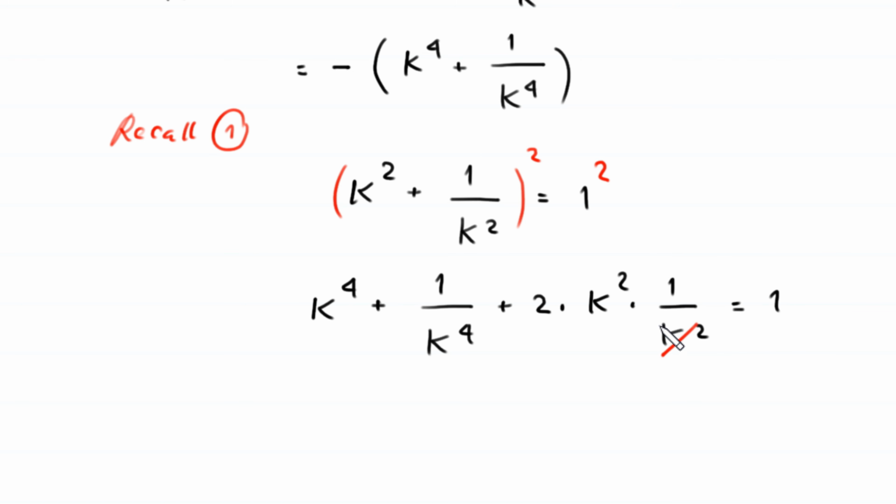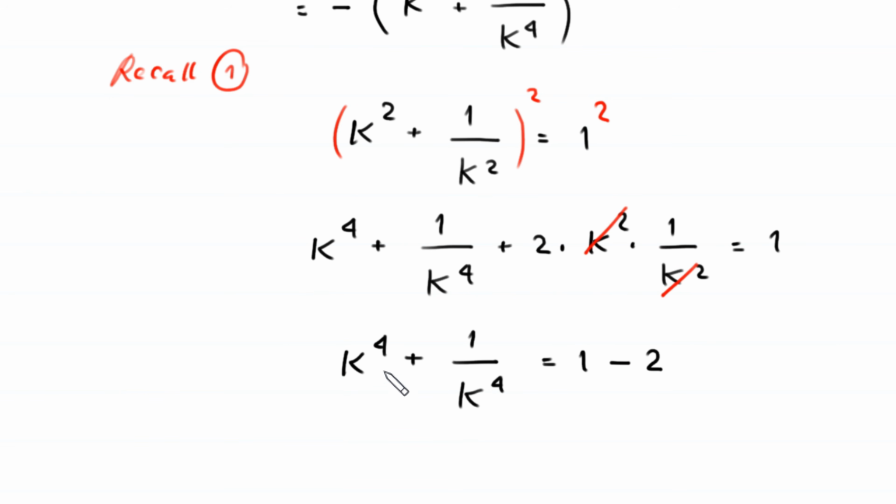Now this k^2 will be cancelled with this k^2, and we are left with k^4 + 1/k^4 equal to 1. This 2 will become negative 2 at the right hand side. And further simplifying, this will become k^4 + 1/k^4 equal to negative 1.